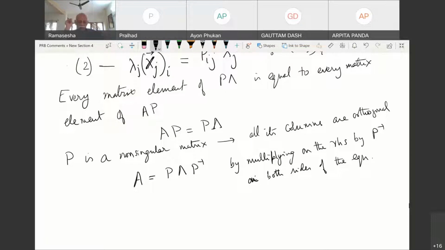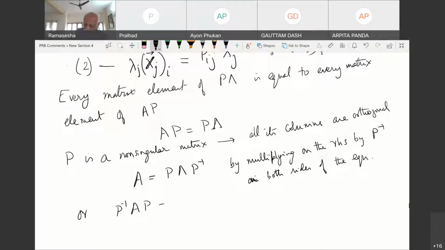So do you follow this? Yes. For a matrix A, if you can obtain the eigenvalues and eigenvectors, then you can show that A can be written as P lambda P inverse, or I can also write P inverse AP is equal to lambda.